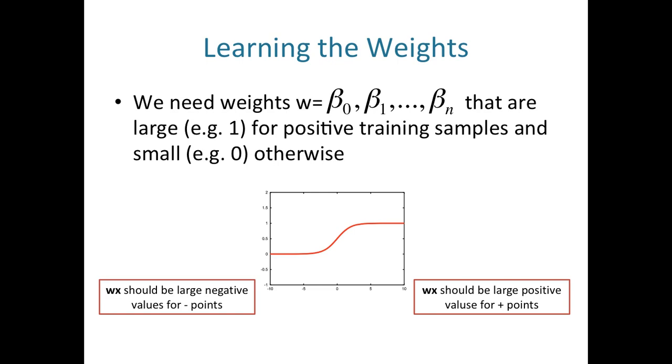So the weights are going to be large for one type of samples, in this case the positive training samples, and the value should be small for the negative training samples. Why? Because we are trying to build a classifier, and this type of classifier is, as we said before, discriminative. So what we're looking for is the line that's going to separate one from the others.